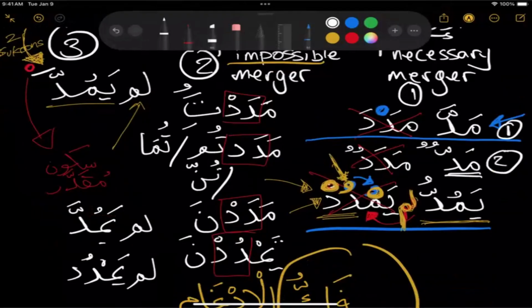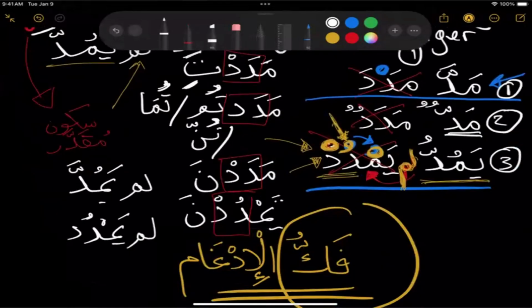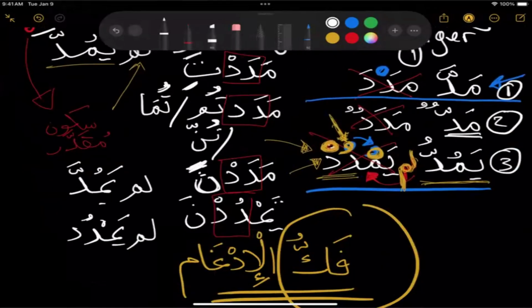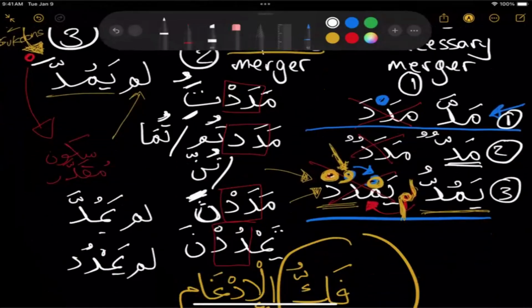Here's two, the masdar maddun. Here's three, the mudari' yamuttu. I see. And the impossible is madattu, madatta, madatti, madattum, madattuma, madattunna and madadna, and yamdudna and tamdudna. And in the jazm, it's permitted. Yes, in the case of jazm, it's permitted. Jazak Allahu khayran, Sayyidi. Ameen, wa iyyakum.